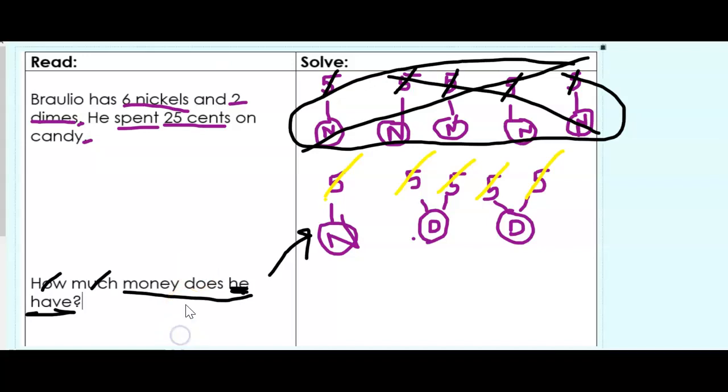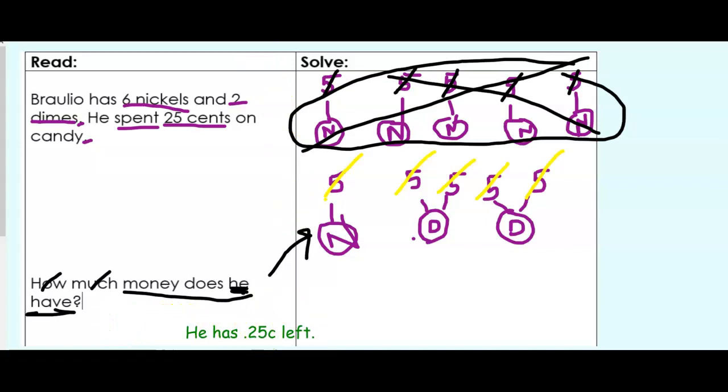Okay, here we go, boys and girls. He has 25 cents left.